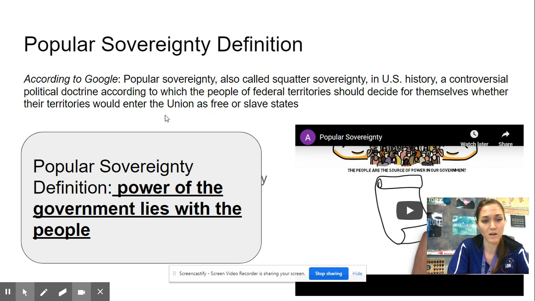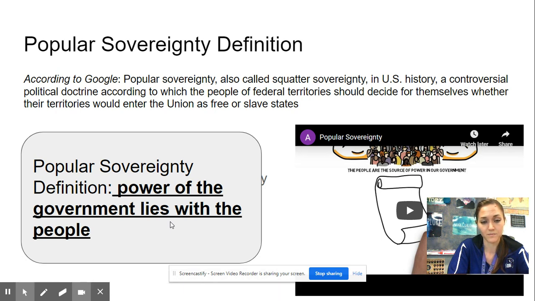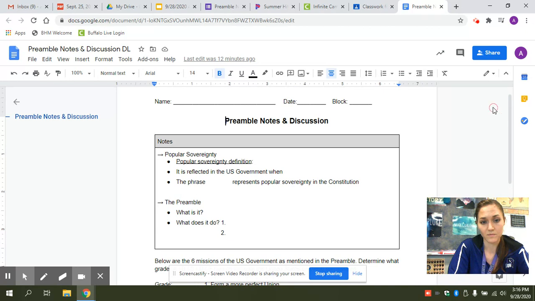So instead of this big long one, in your notes where it says popular sovereignty definition, go ahead and just write down power of the government lies with the people. That is just right in here.